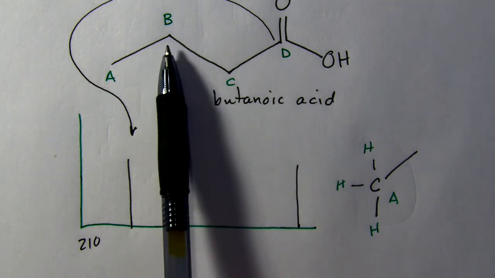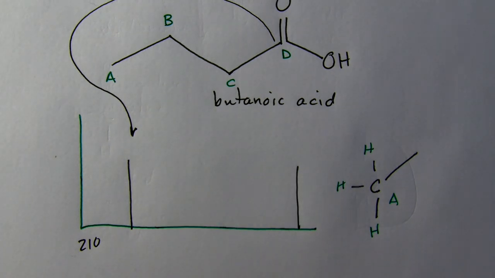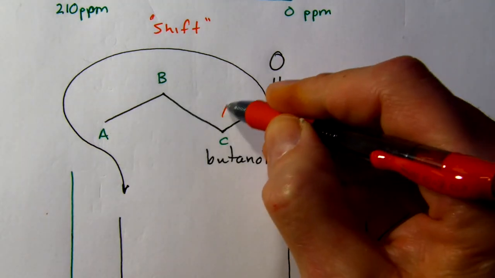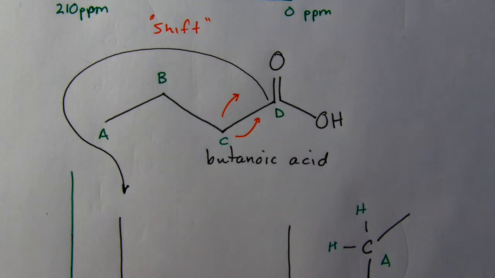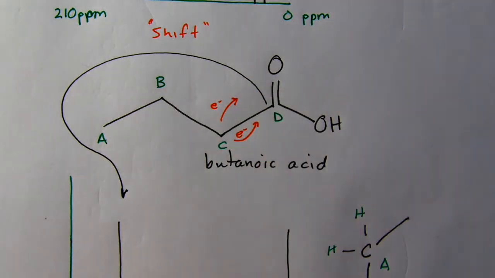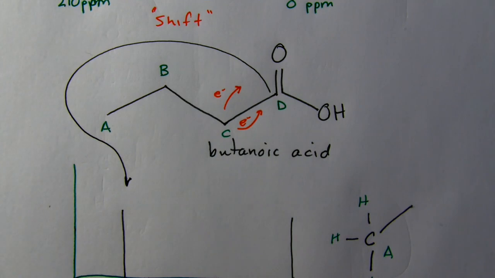Okay? Now, we look at B and C. What we're going to start talking about later on is that this carbon here is actually somewhat influenced by the presence of that oxygen in the neighborhood. And if that's the case, the electrons don't leave that carbon, but they start to pull away a little bit.